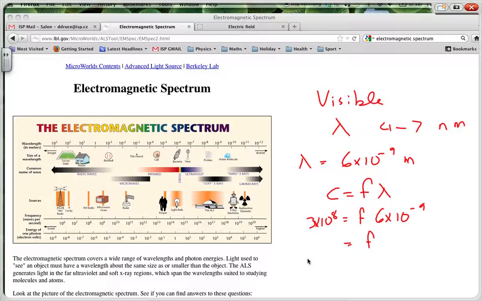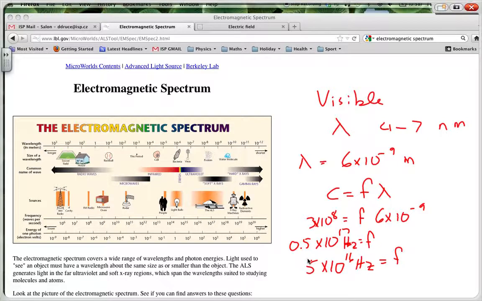So c divided by the wavelength, so it's going to be 3 divided by 6, which is 0.17. Good. Because when you divide, it changes from a negative to a positive. So you're going to have hertz. So about 5 times 10 to the 16 hertz is the frequency. Pretty quick.